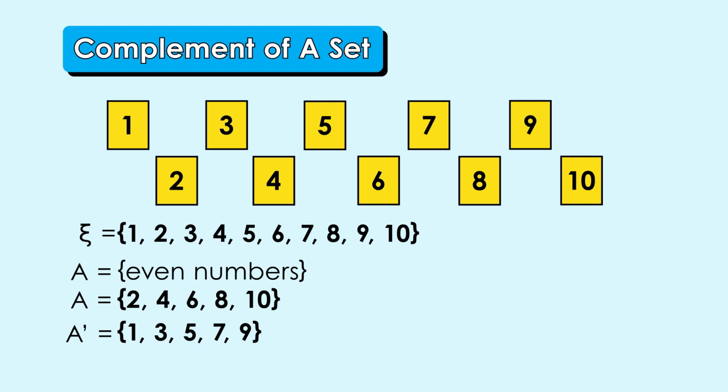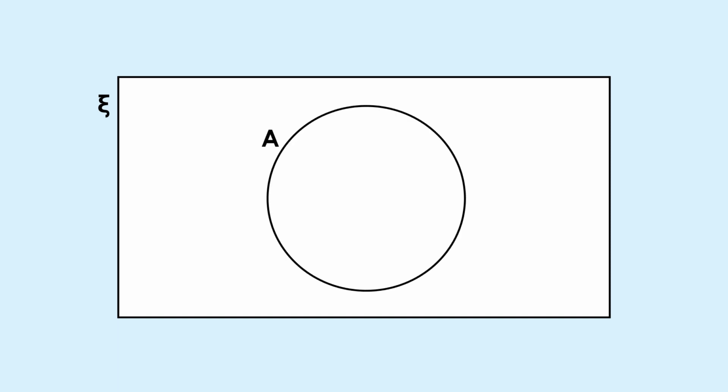Now, let's represent set A and the complement set of A using a Venn diagram. The universal set is represented by a rectangle. Set A is represented by a circle, and all the elements of set A are written in the circle. Finally, elements of the complements of set A are written randomly outside the circle as shown.